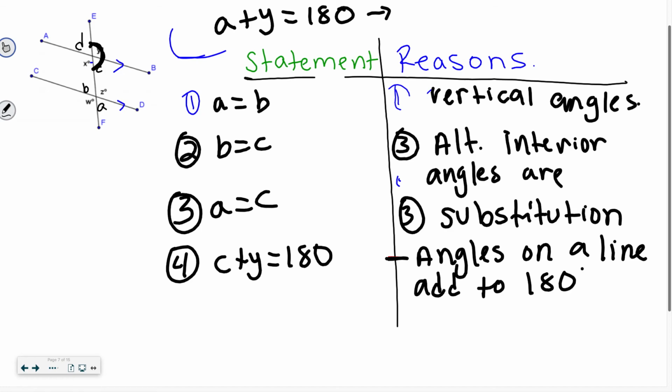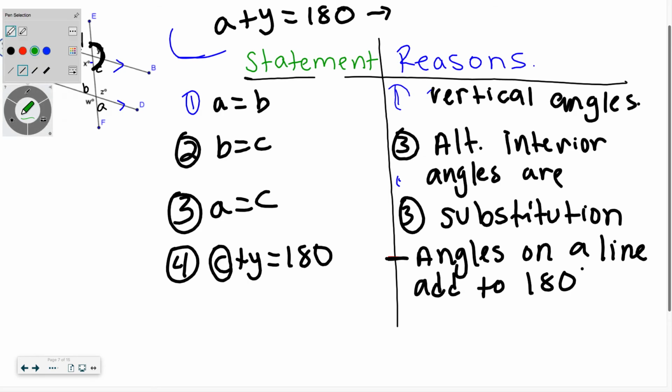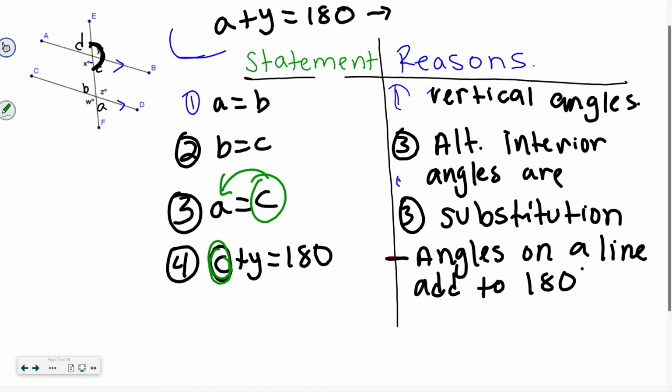And finally, what is C equal to? Exactly, I knew you would get it. C right here is equal to A. So let's make that substitution in step 5. That means that A plus Y is 180, and that was our goal. Step 5 was by substitution.